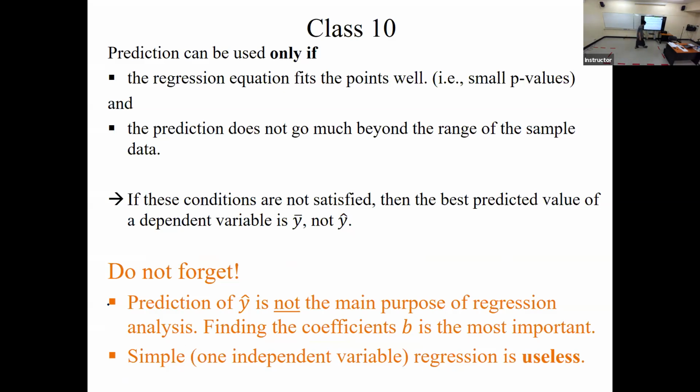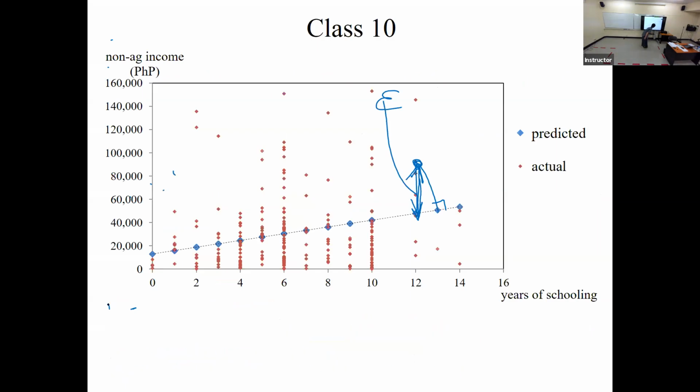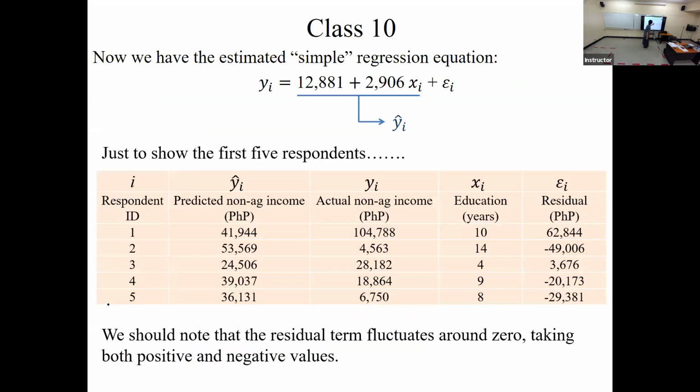Yeah, the last one. Now, we talked about prediction, right? Prediction means based on the result, based on the coefficients. One thing you can do is specify the value of x, and then estimate the y that corresponds to the specified x value. That is the so-called prediction.